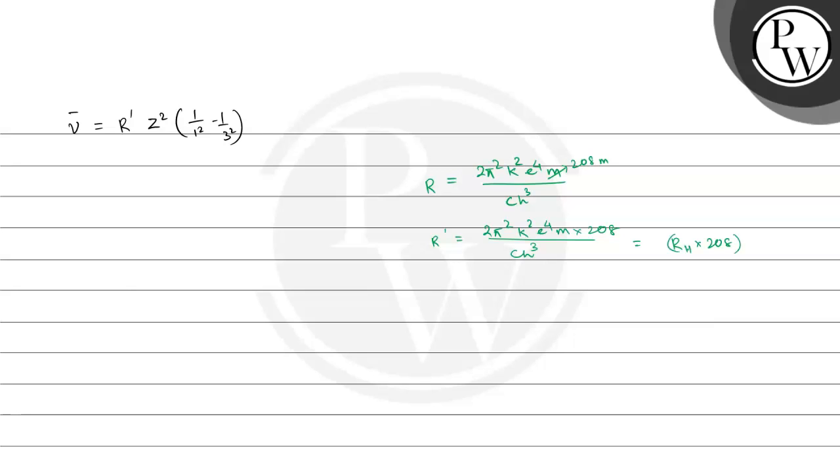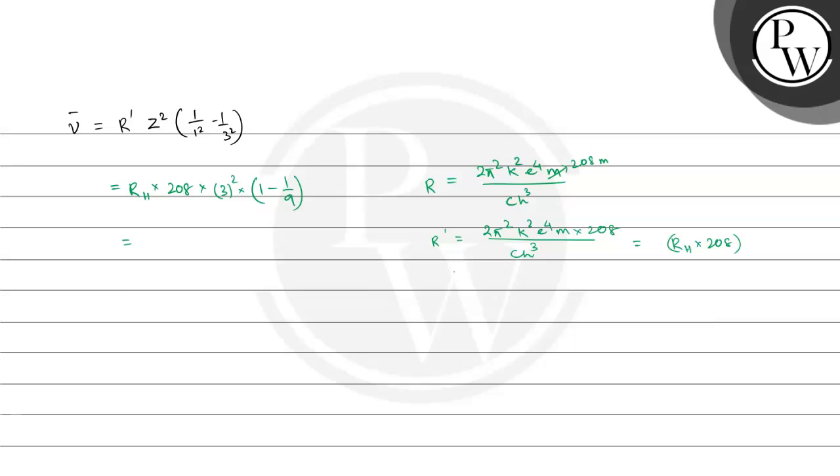Alright, so this is the value of R dash. So R dash is R_H multiplied by 208. So this is R_H multiplied by 208 multiplied by z square, that is 3 square multiplied by 1 minus 1 by 9.